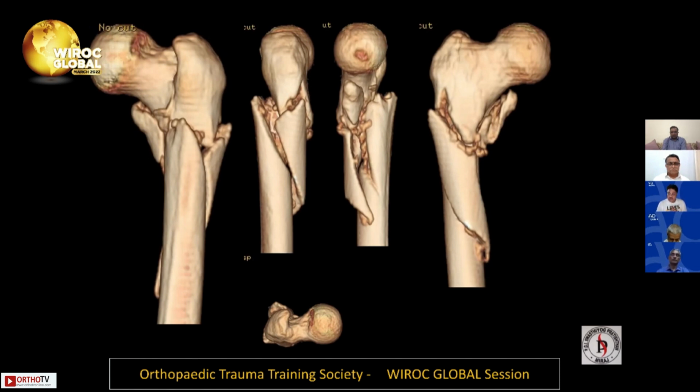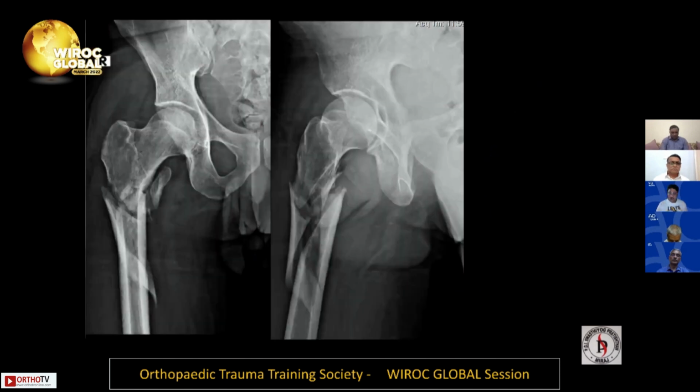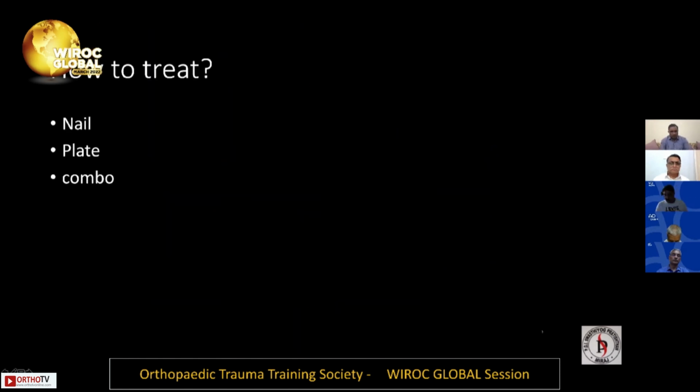Stability is very important for all these fragments because this is a massive injury. Different forces act through the different muscles, and they have pulled the fragments apart. Majority of the times the separation is more than expected from the injury, so the CT scan definitely helps you plan better.